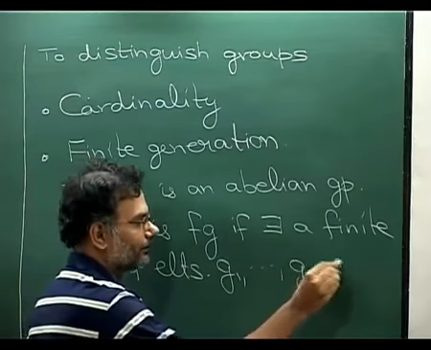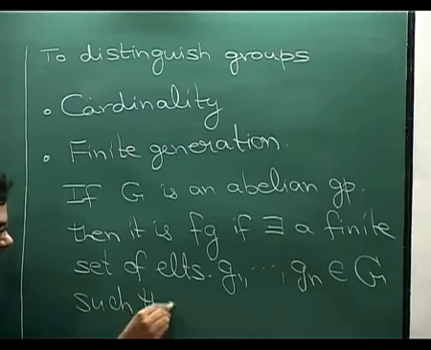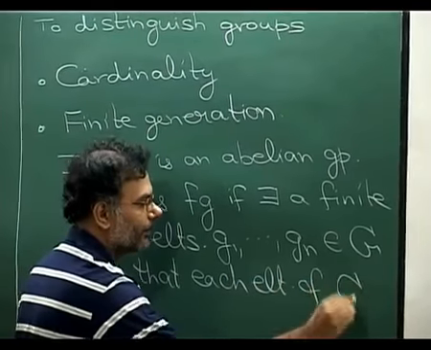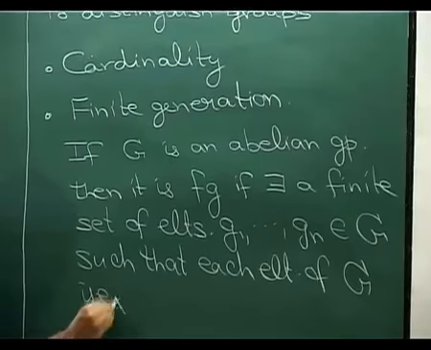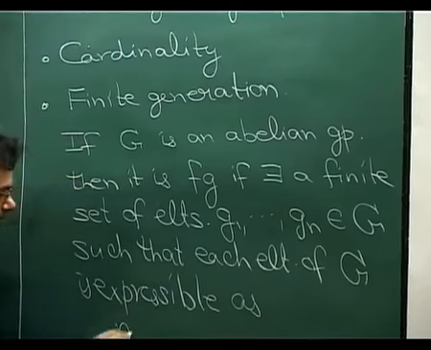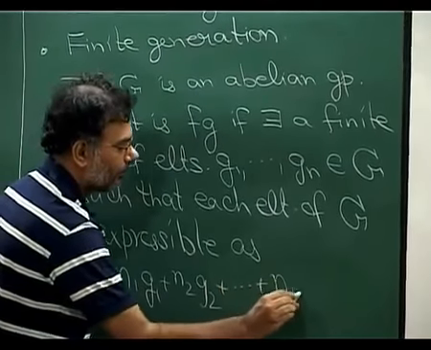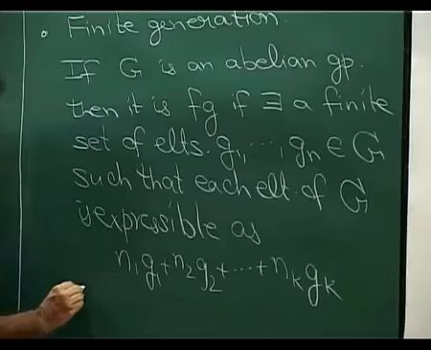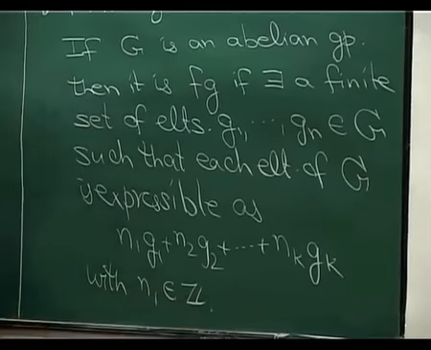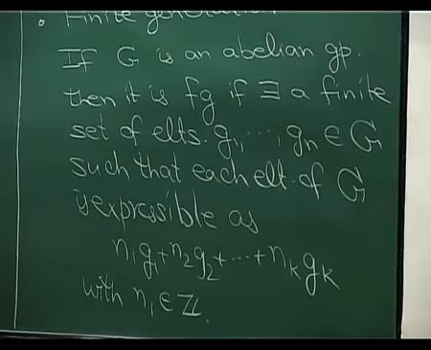g1 to gk in G such that each element of G is expressible as n1 g1 plus n2 g2 and so on, with the ni's belonging to Z. Okay, so for abelian groups, it is normal to use additive notation.